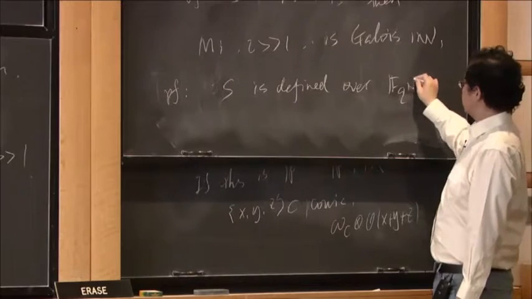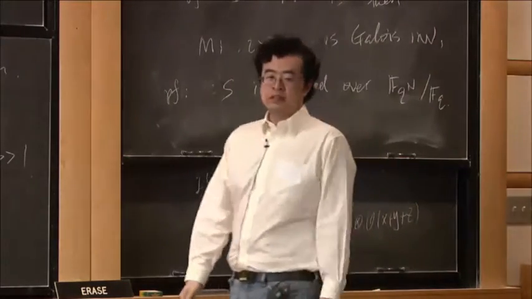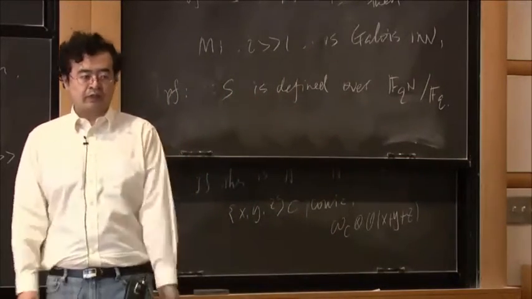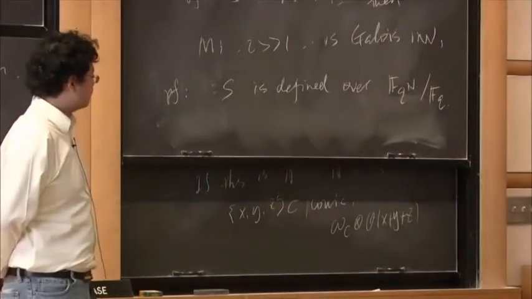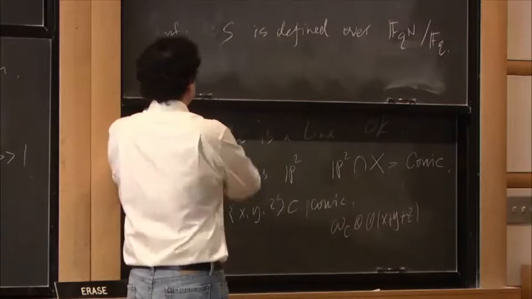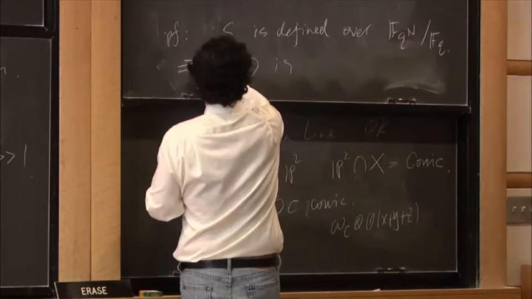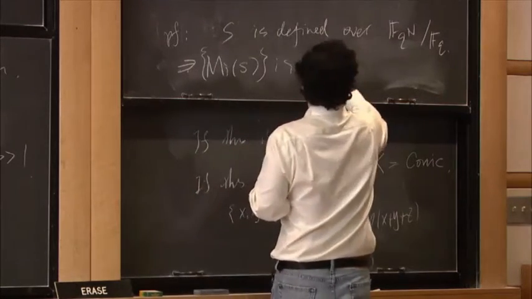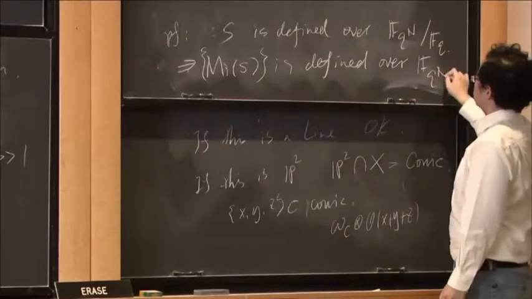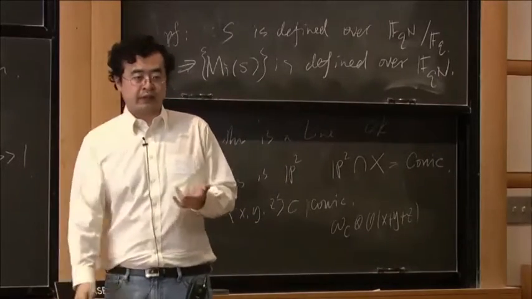So this section is a priori defined over FQ bar, but it's actually defined over some finite field extension, and then you can take the Galois conjugates. Then this implies that this Mi of S is defined over FQ to the N. So this whole sequence is defined over some finite field extension.